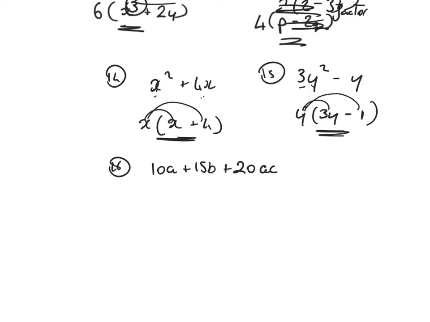The highest common factor from 10, 15 and 20 is 5. 5 times what gives me 10a? That's 2a. 5 times what gives me 15b? That's 3b. 5 times what gives me 20ac? That would be 4ac.